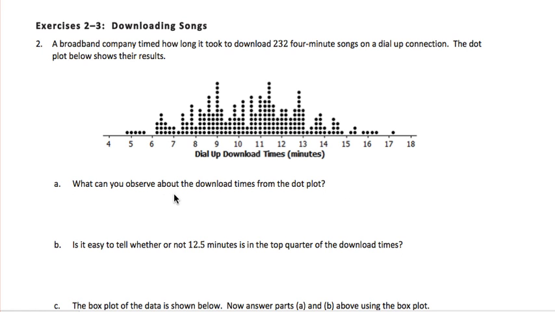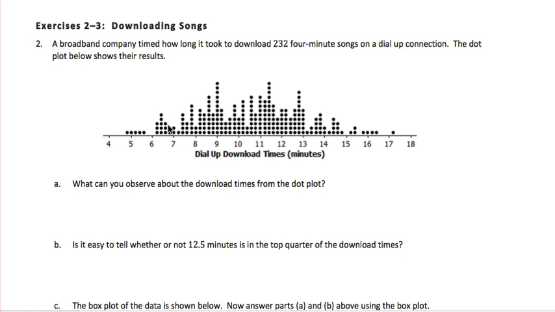What can you observe about the download times from the dot plot? Well, first of all, they range from under 5 minutes to as much as a little more than 17 minutes to download the same number of songs. So there's quite a range between the two.